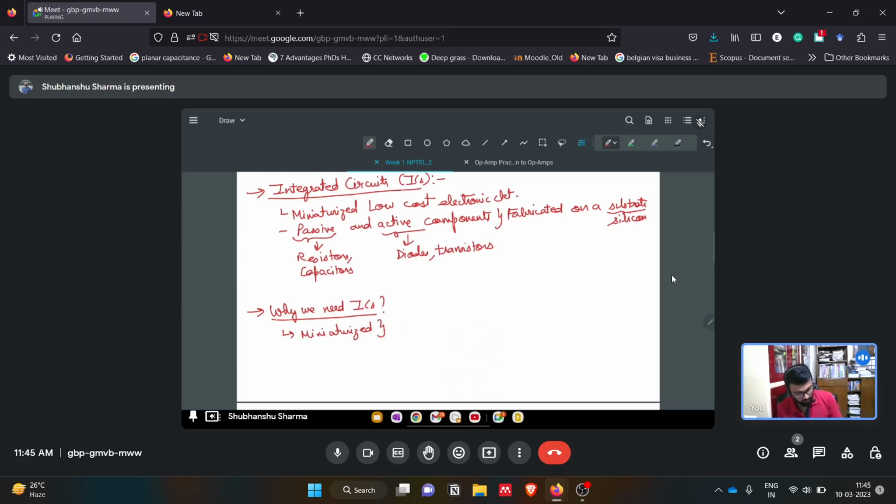This miniaturization also helps in equipment density. We can use many passive and active components in these ICs, and we can increase their functionality according to our requirements.